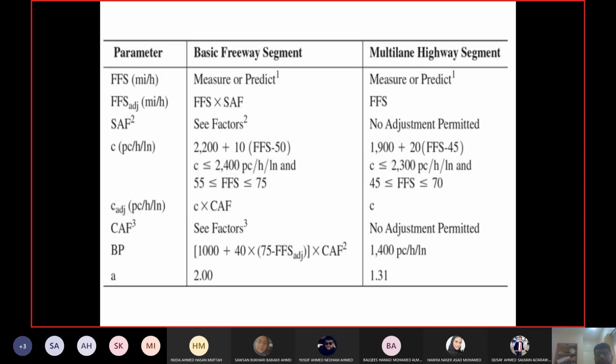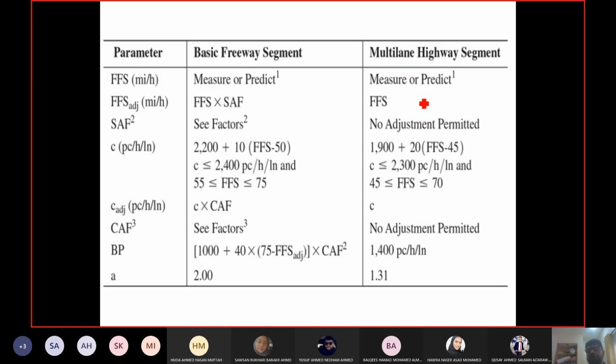Free flow speed can be measured like you did it for your project, or you can predict it using an equation. You already know how to measure it. The equation to predict it, I will show you maybe tomorrow, inshallah. Once you calculate or measure the free flow speed, you will calculate the adjusted free flow speed. Adjustment is only required for freeways.